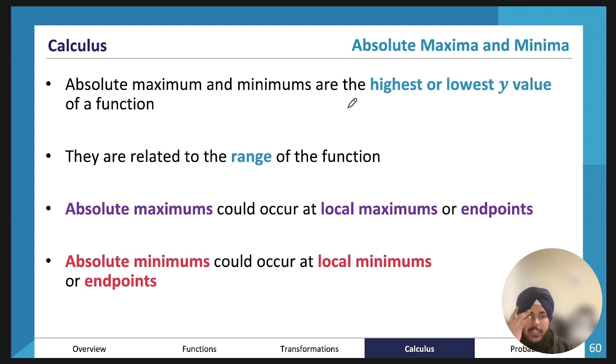However, absolute maxima and absolute minima are essentially just the absolute greatest and absolute lowest values in a particular graph. And they can either be local minimums or endpoints, or they could be local maximums or endpoints as well.